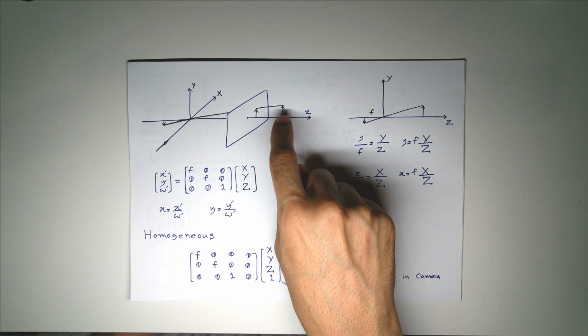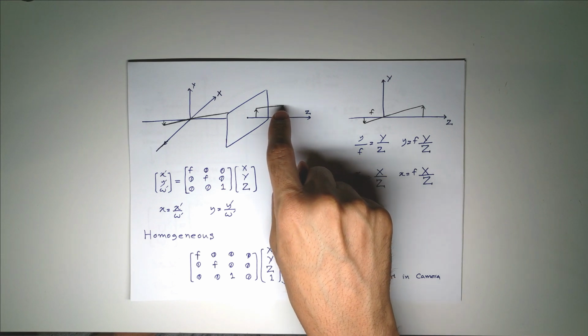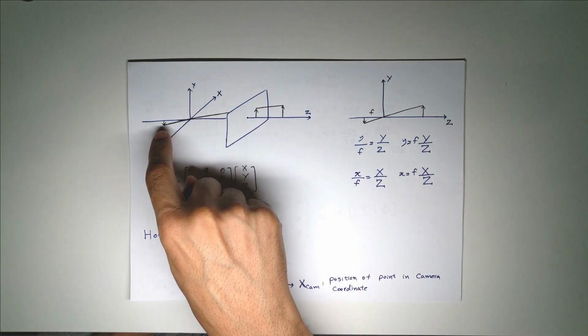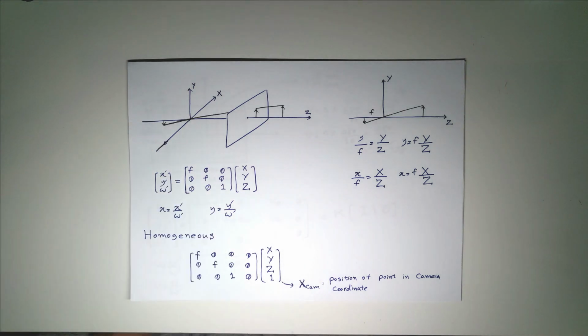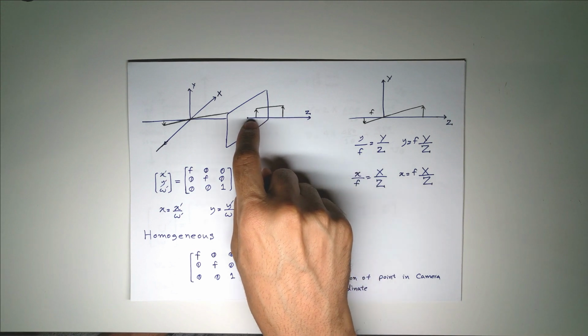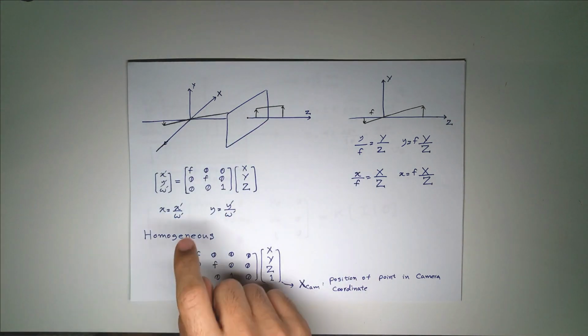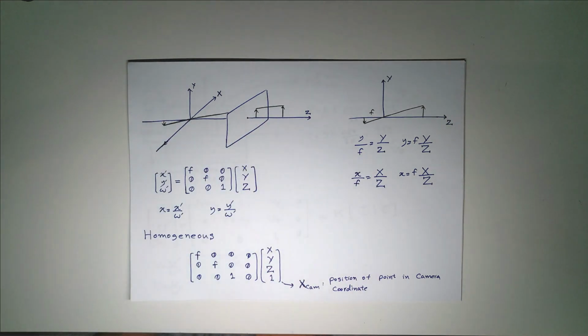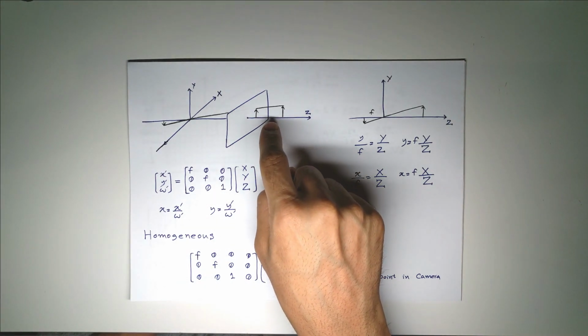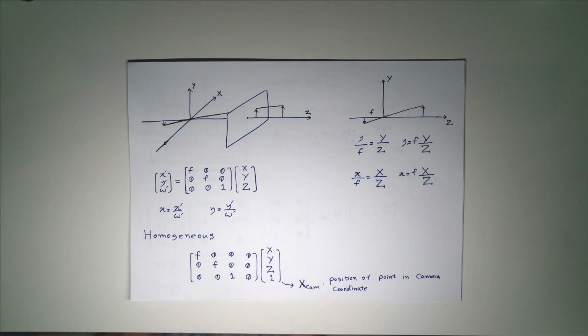So you have an object like this, then the ray of light goes through the center of projection and hits the sensor plane here, and also one ray which goes directly through the center of projection continues like this. So you have 2 points, and you will get a shape like this from the 3D object in the world.